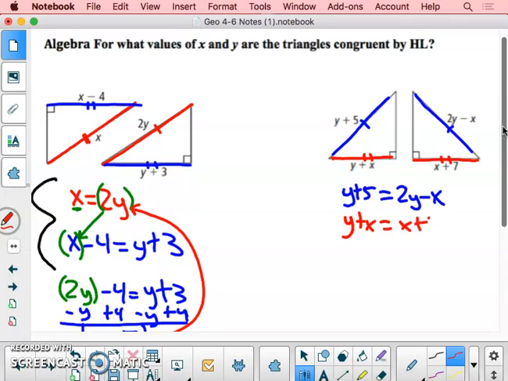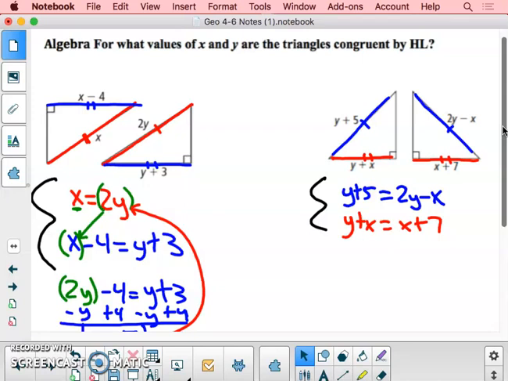Again, this is something that is not easy to solve the way it is right now, because this is a system of equations where I don't have a letter all by itself or only one letter in the equation. So in this situation, I'm not ready to substitute quite yet since I don't know which letter I should isolate yet.